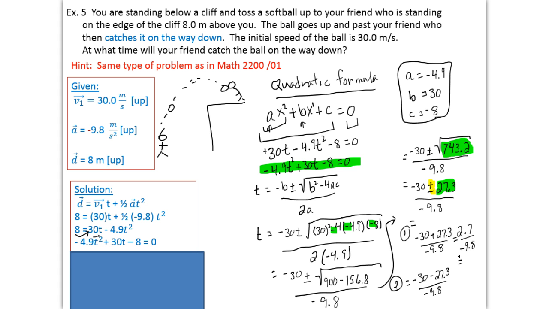Give me a second, guys, on my calculator. And Katie's probably already got it worked out. And you have 0.27.